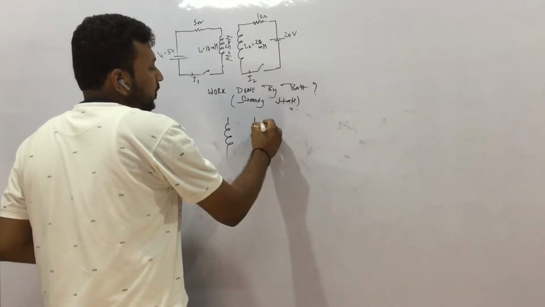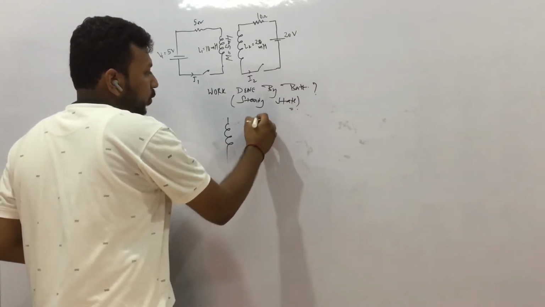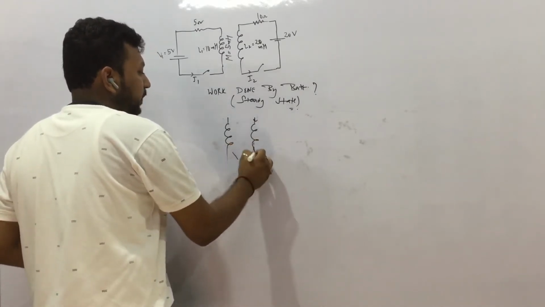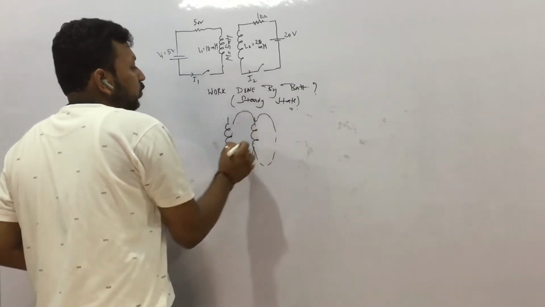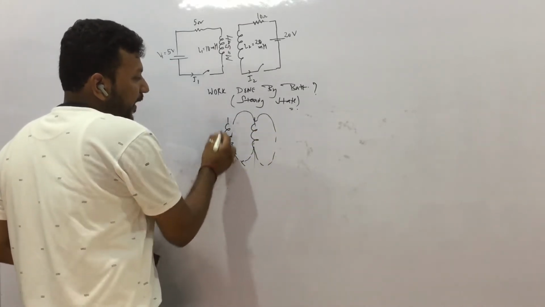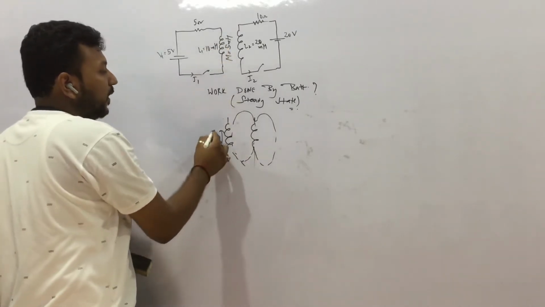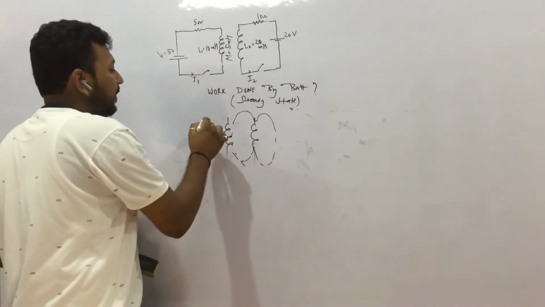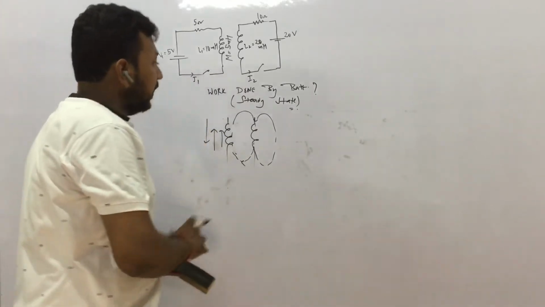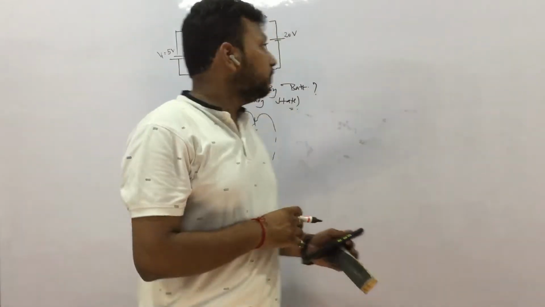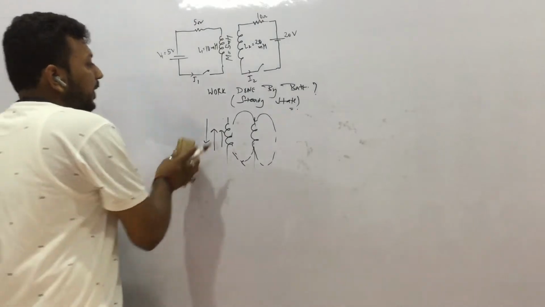In our circuit, the magnetic field is like this, and due to the current also the magnetic field is like this. So this back EMF will oppose both the magnetic fields, right? It will oppose both the magnetic fields.